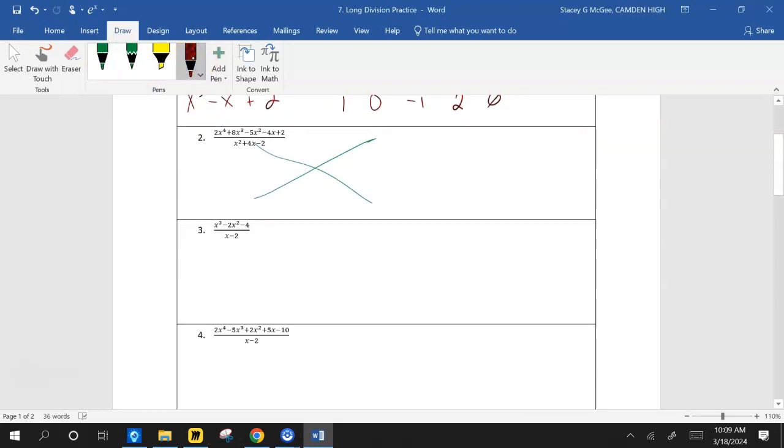Set it up. What goes outside? 2. What goes inside? 1. Nice. Drop down 1. 2.